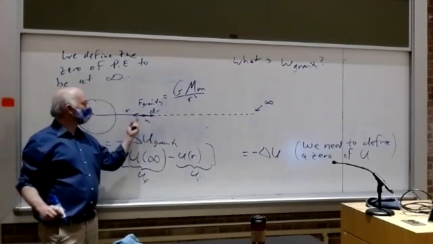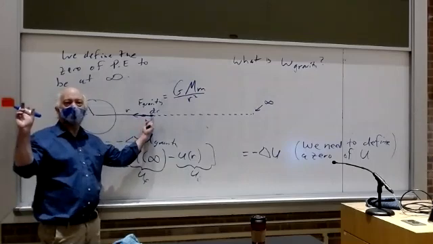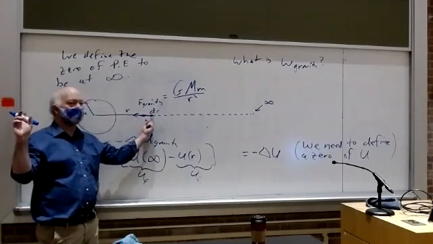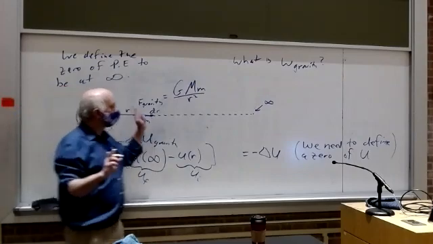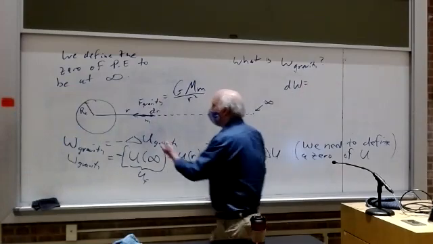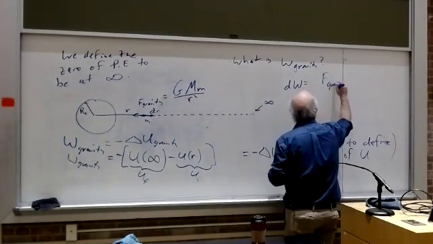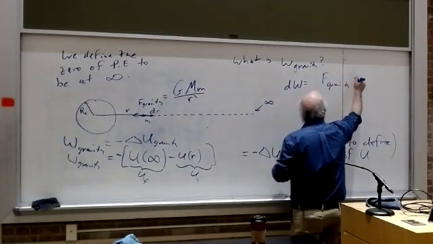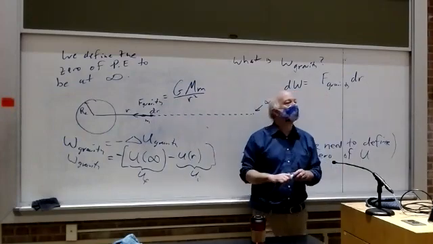Okay? So I'm going to assume that I'm going to move this object some tiny little distance dr, and what will I assume about that force? This is such a small distance that it's going to be constant. So I can consider the tiny work to move the object from here to there to be the force of gravity times dr. Now, is that positive work or negative work from that picture?